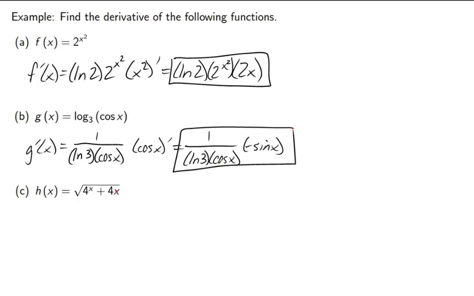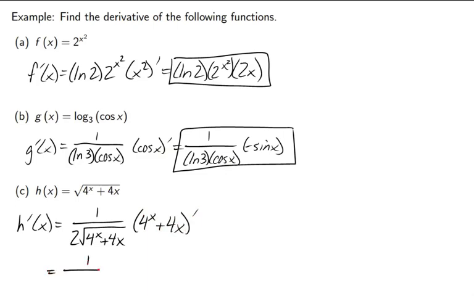Next one. This one, I'm going to think of it as square root of u. Then I've got a 4 to the x plus 4x. So we know the derivative of square root of u is 1 over 2 square root of u, our usual strategy, times the derivative of the inside.